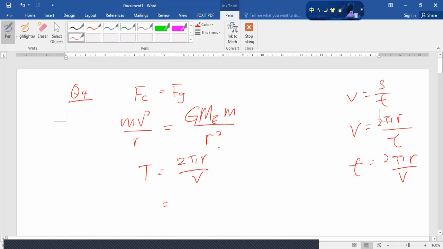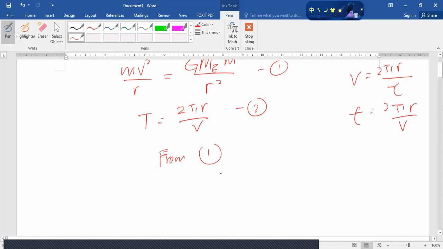From here, we can get the V. Let's say this is equation 1, this is equation 2. From equation 1, what is the V?